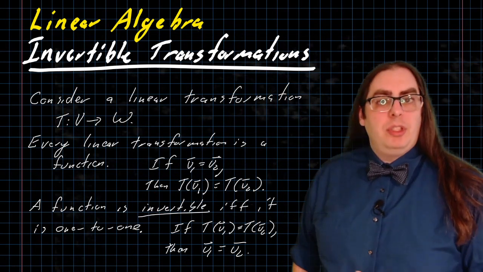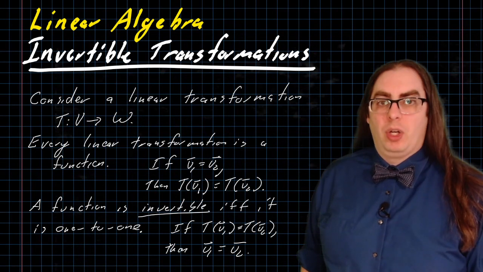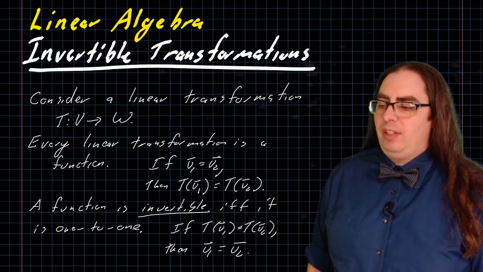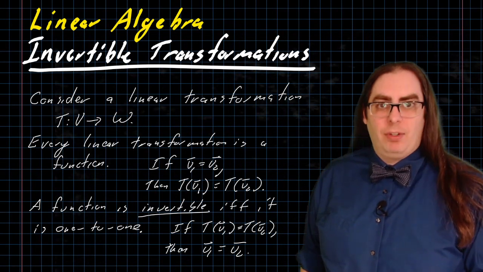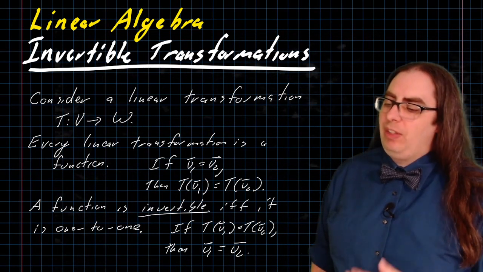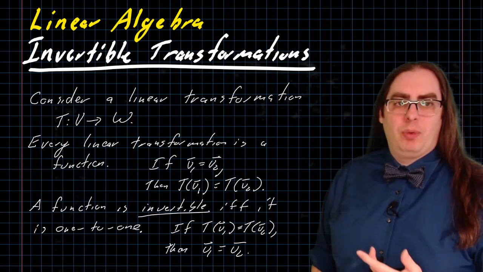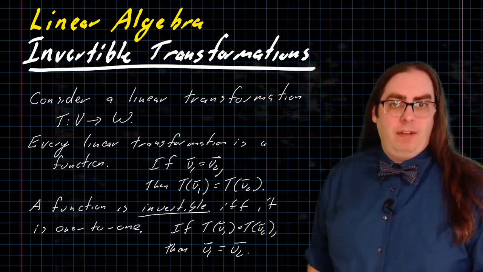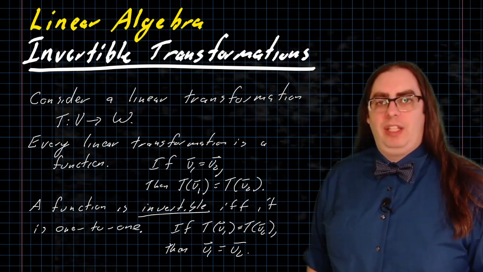And we've established in previous mathematics courses, calculus, college algebra, maybe somewhere earlier than that, that a function is invertible, it has an inverse, if and only if it is a one-to-one function, which takes this definition and kind of flips it around. If T of v1 is equal to T of v2, then v1 is equal to v2.